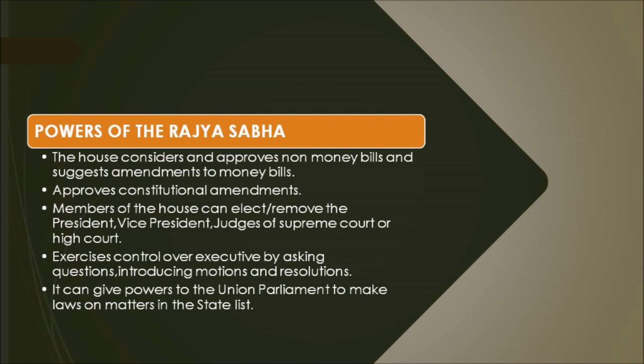It exercises control over the executive by asking questions, introducing motions and resolutions. It can give the Union Parliament power to make laws on the matters included in the state list. With this, we end the explanation for the upper house of the Parliament, that is the Rajya Sabha.